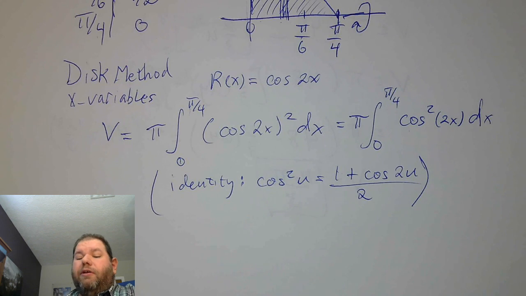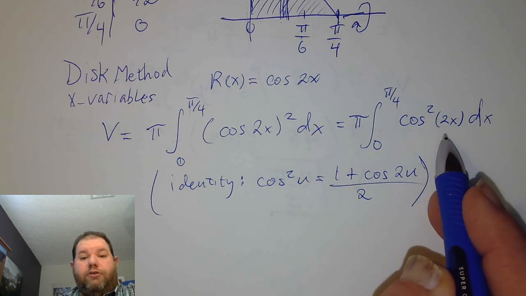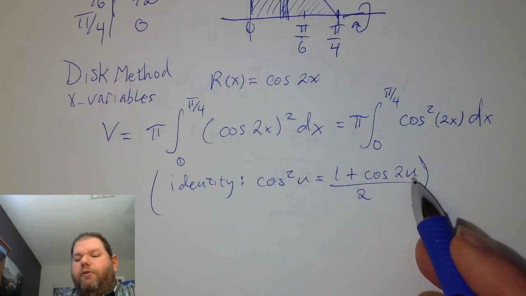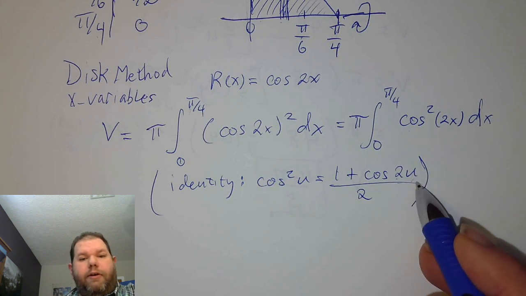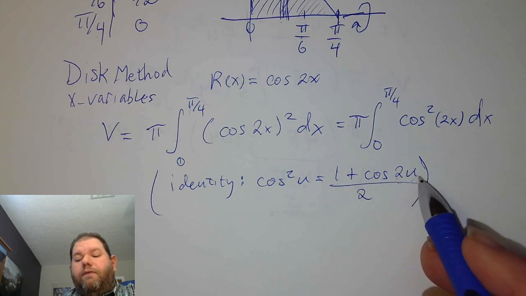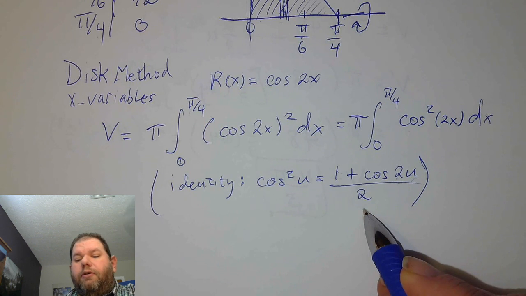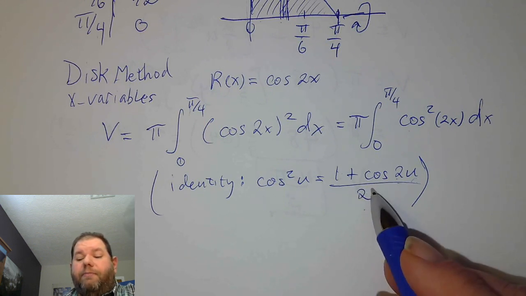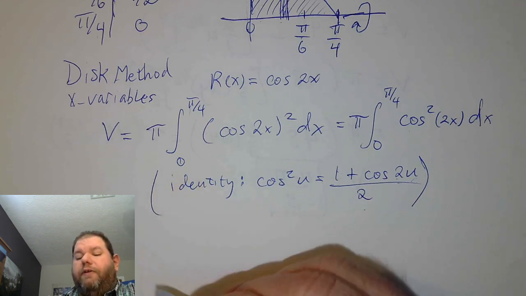In this case, u is actually 2x. So when we do 2 times that, we'll put a 4x in here. So it's 1 plus cosine of 4x all over 2. Now, this 2 on the bottom, well, we'll fix it in a second.